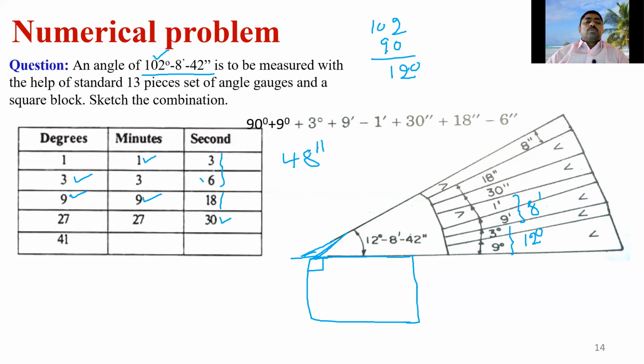So you have to subtract this 6 seconds angle gauge to get 42 seconds. So you will get 90 plus 12, 102 degree, 8 minutes, 42 seconds.